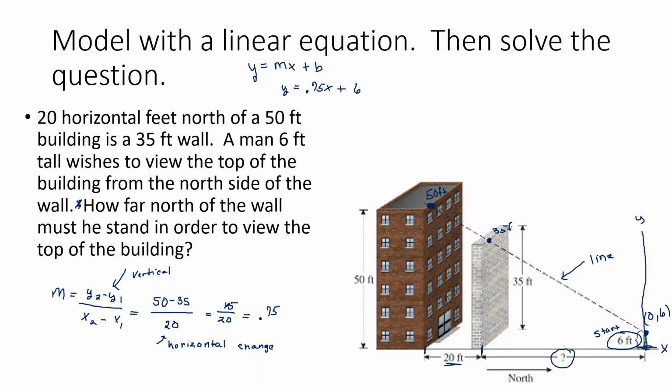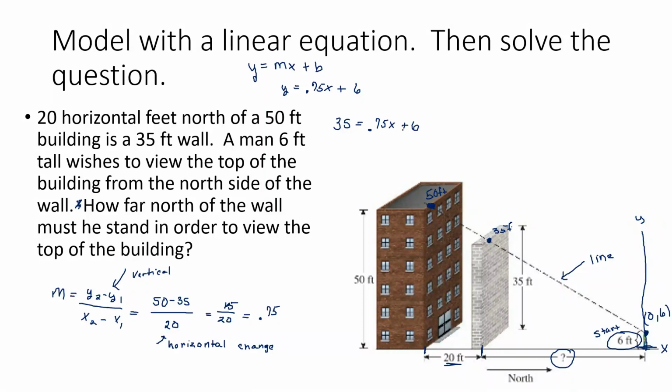Well, there's a lot to think about. So I have my formula, and I have a y value of 35 right here for the wall. And so I'm going to put in that y value. How far over would it be for me to get a y value of 35? So 35, the wall, is 0.75x plus 6.